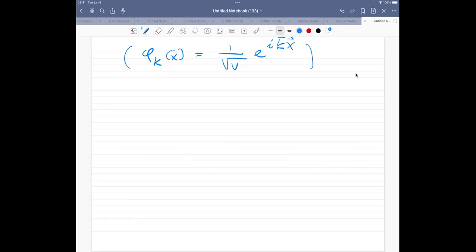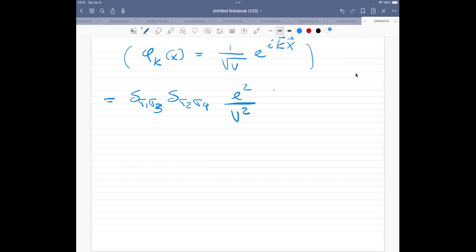As an aside, I'm going to get delta sigma1 sigma3 and delta sigma2 sigma4, so they have to be the same. And then I have 1 divided by the volume squared, because I have four plane waves, and each one of them has a 1 over square root of V.